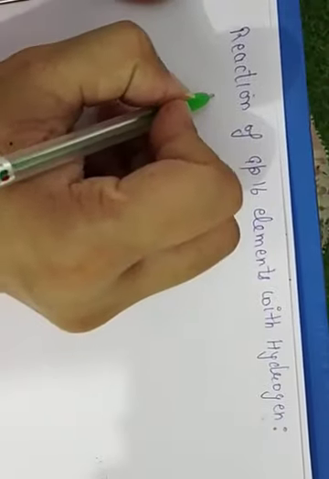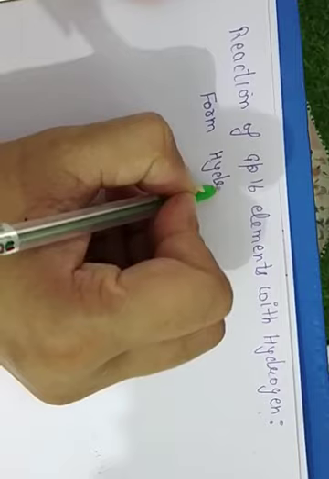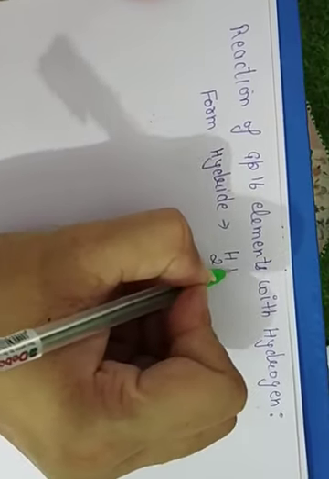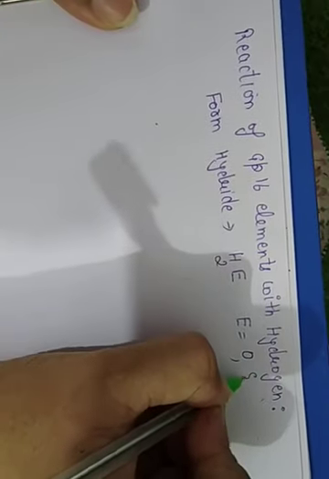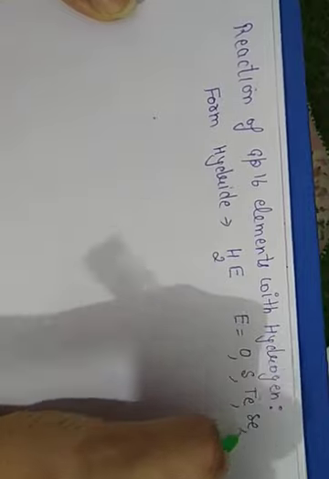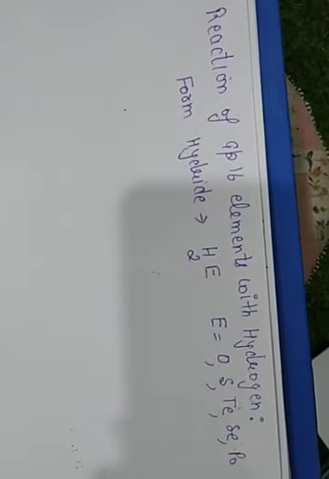So they form hydrides having the general formula H2E. Here E is either oxygen, sulfur, selenium, tellurium, or polonium.